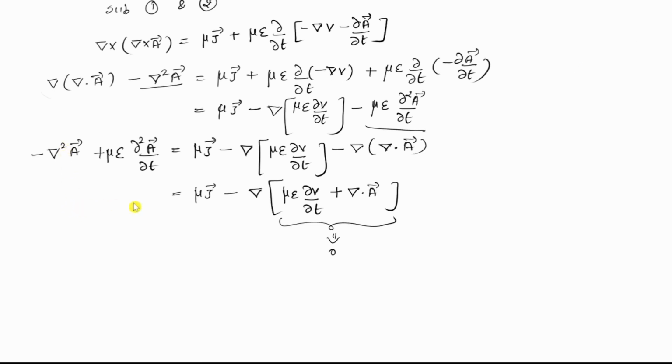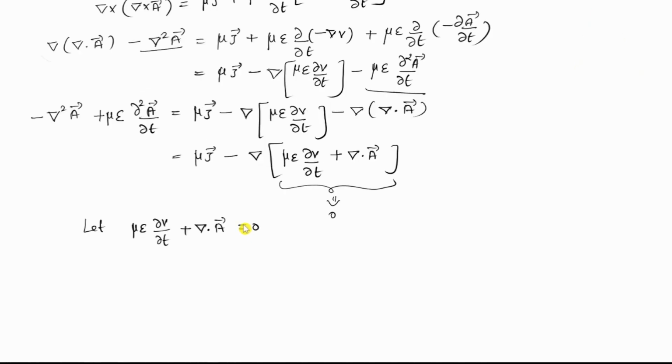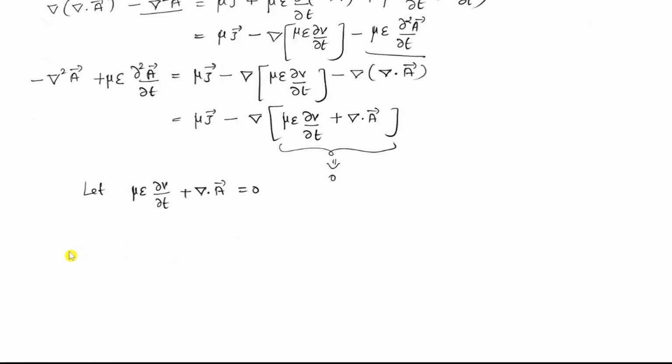So we have to make the first order derivative terms 0. So let mu epsilon dou V by dou T plus del dot A be equal to 0. If I let this term be 0, then I will get the non-homogeneous wave equation. So let us apply this term as 0.